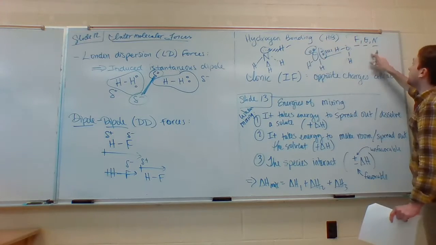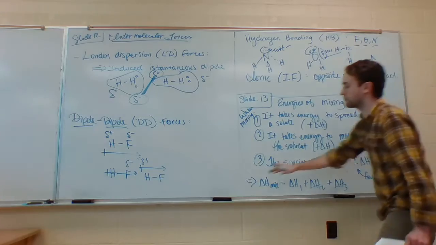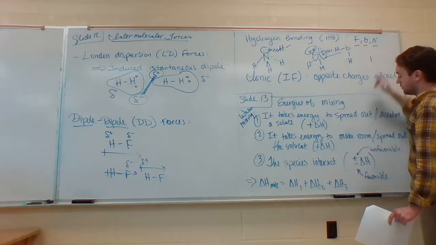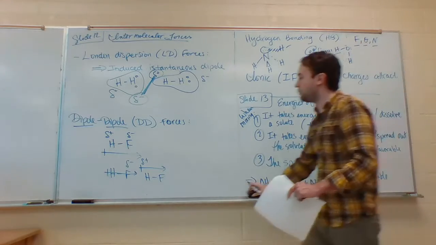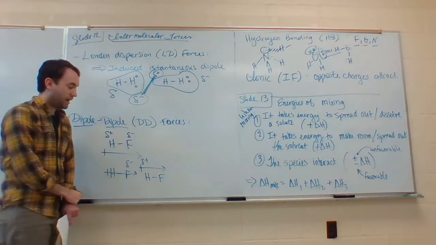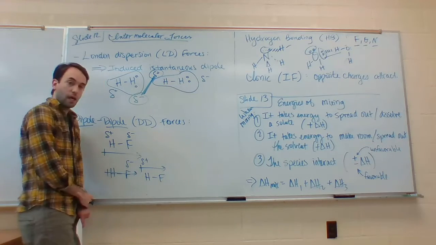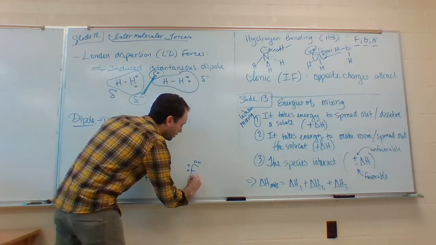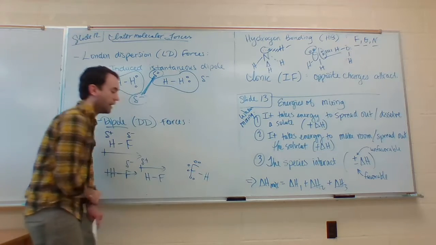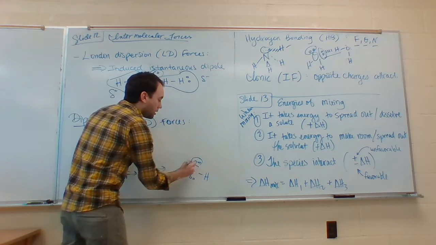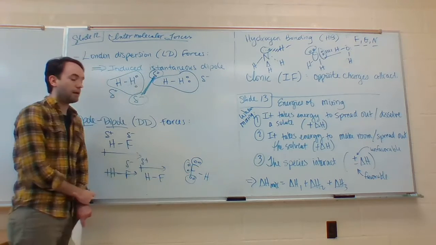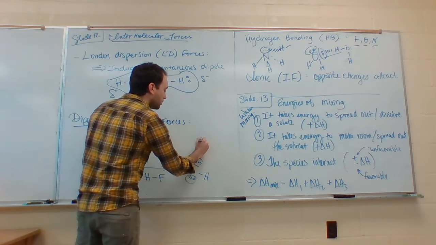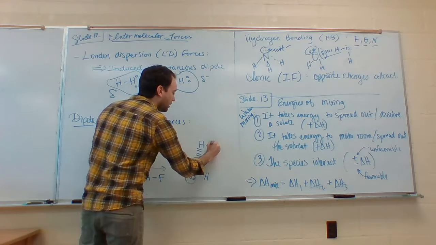Now, the fluorine, like let's say that we had HF, I've got HF drawn down there, and we know that HF has hydrogens, and fluorine has a bunch of lone pairs. Fluorine can hydrogen bond with three nearby hydrogens.